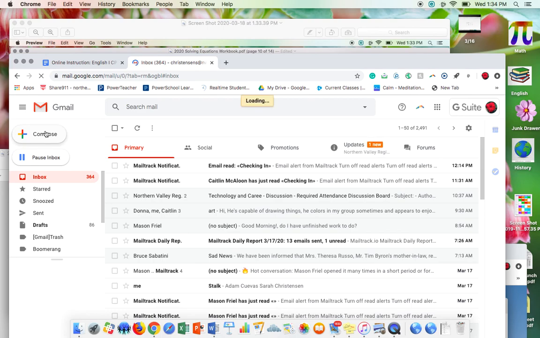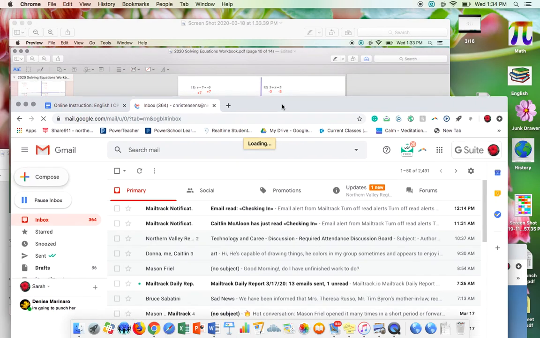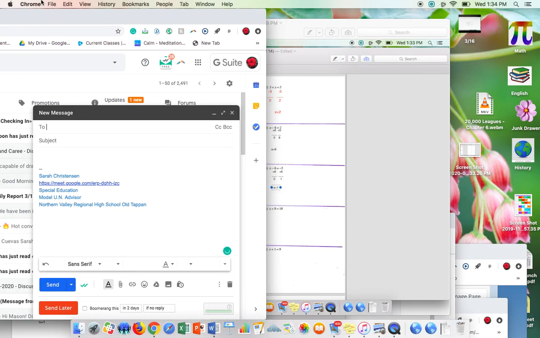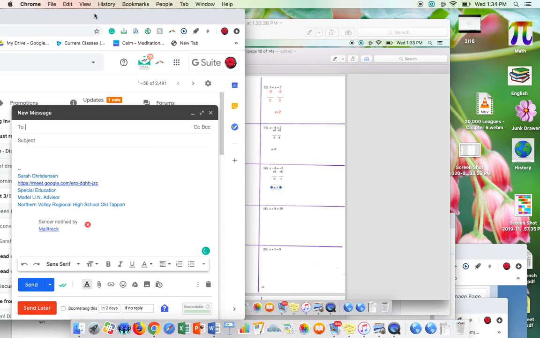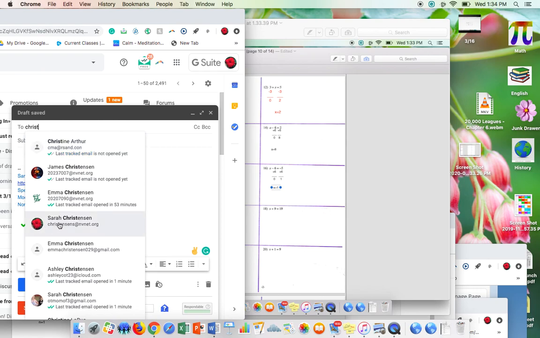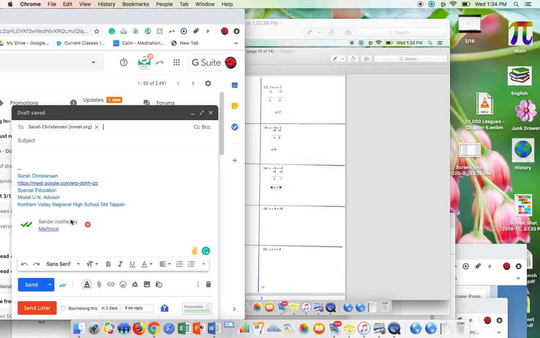I would click Compose. Oops, it's taking a really long time. Oh, there we go. Okay. So we'd do Compose. And I would type in Christensen because I want to send it to Mrs. Christensen. That's me. This is me right here with the red flower.